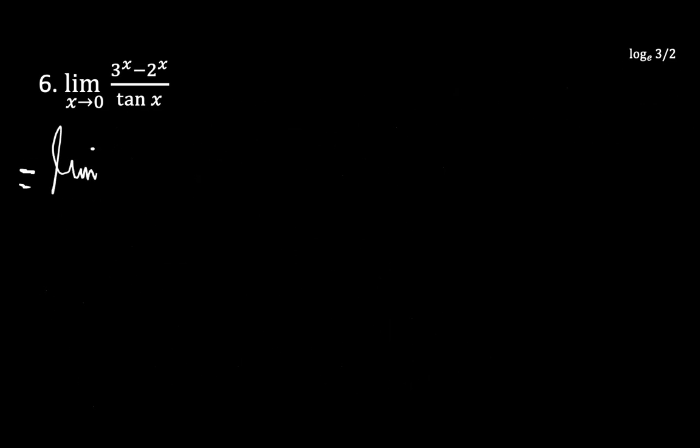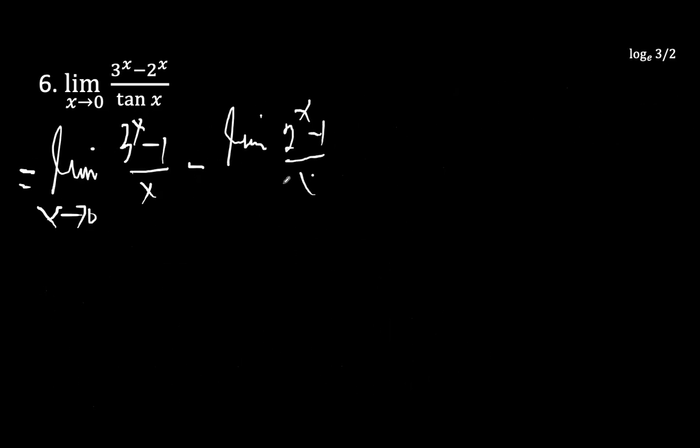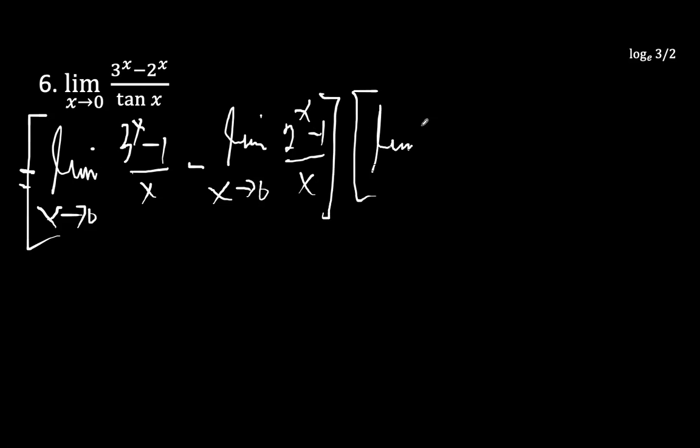So I have the limit as x approaches 0 of the given expression, (3^x − 1)/x minus the limit of (2^x − 1)/x as x approaches 0, multiplied by the limit of x over tangent x as x approaches 0.